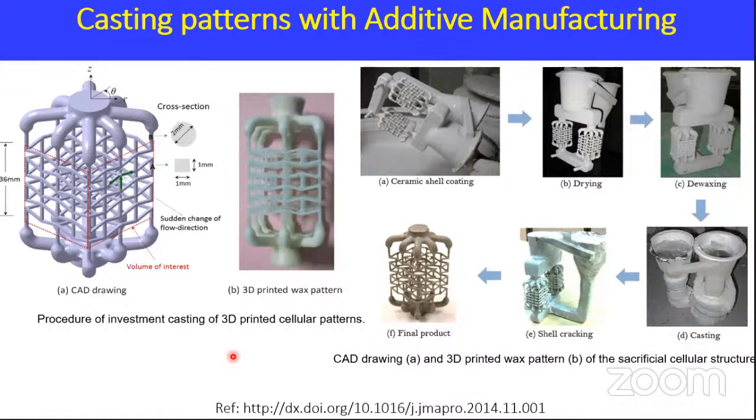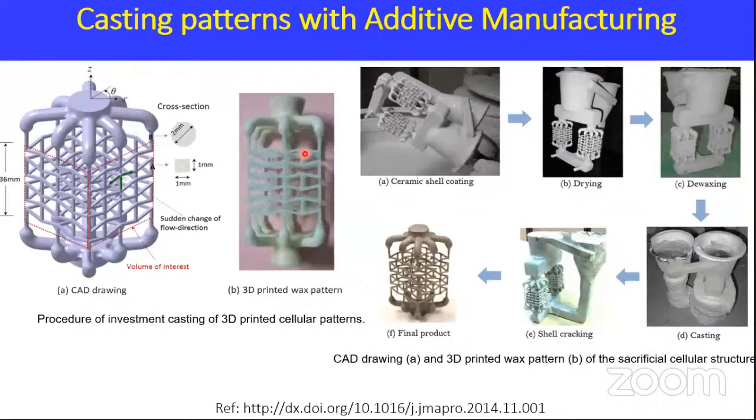There are also indirect AM technologies, meaning here the produced AM component would not serve as a final product, but will aid in obtaining the final product. For example, these are all 3D printed wax patterns.